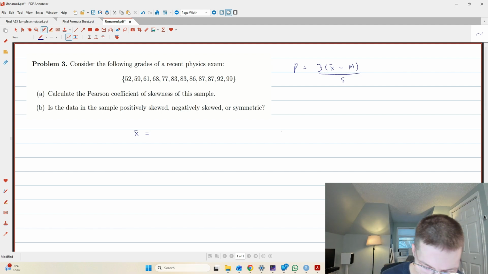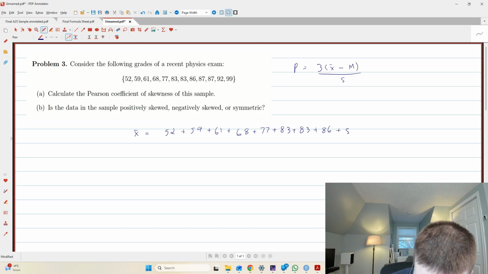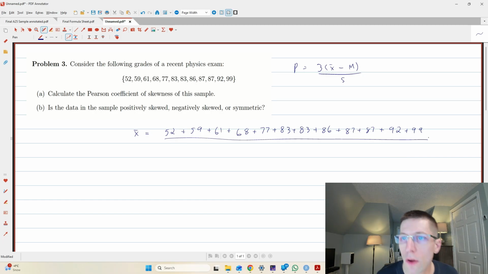So x bar is going to be 52 plus 59 plus 61 plus 68 plus 77 plus 83 plus 83 plus 86 plus 87 plus 87 plus 92 plus 99, all over 12.